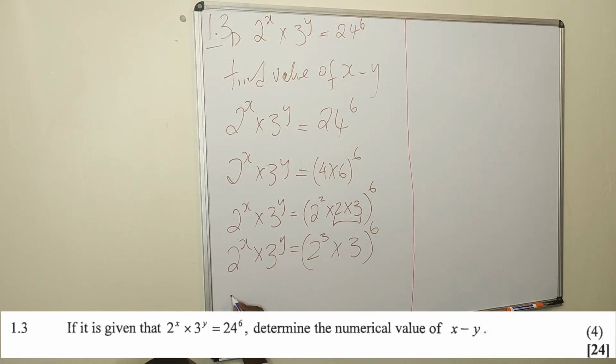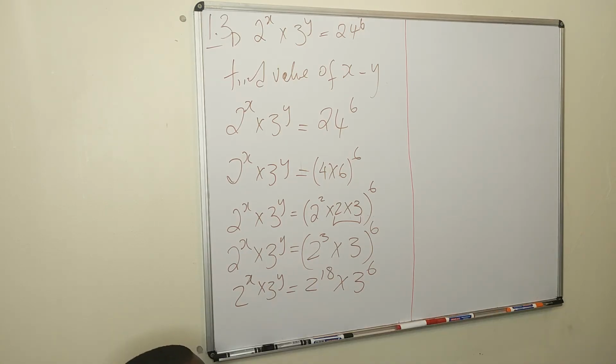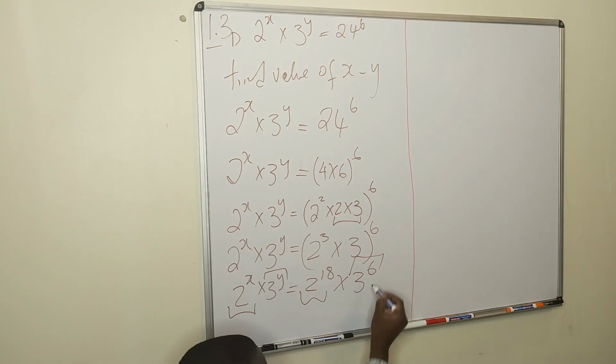Now we say 2 raised x times 3 raised y is equal to 2 raised 18 times 3 raised 6. So now, if these two are equal, this one is equal to that one, and this one here is equal to that one there.